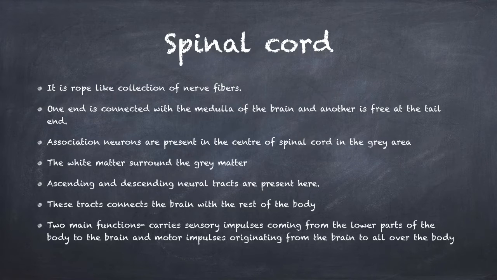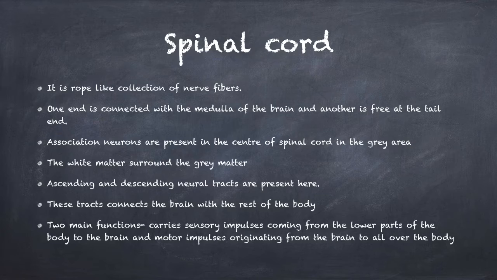Secondly, it performs some simple reflexes that do not involve the brain. Simple reflexes involve the sensory nerve, a motor nerve, and association neurons of the gray matter of the spinal cord. We will be talking about what reflexes are, and also remember that a reflex involves these parts: your sensory nerve, then motor nerve, and association neurons of the gray matter of the spinal cord.